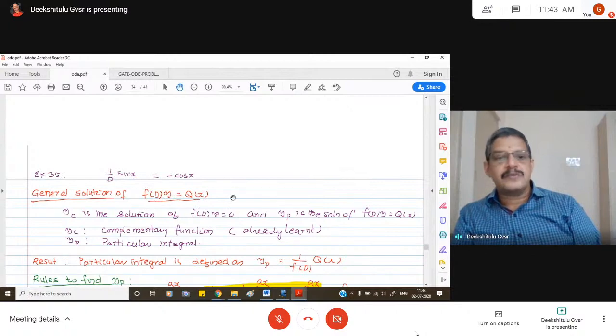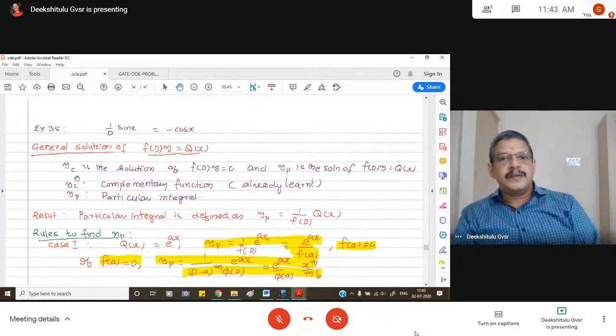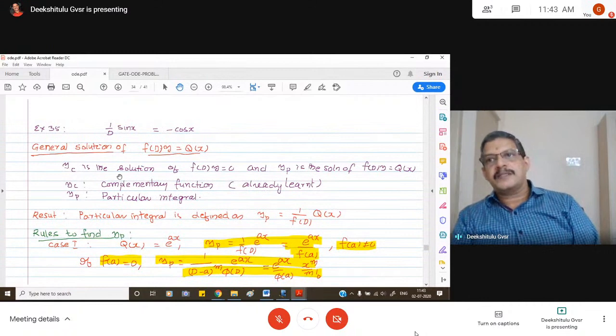How do we define the general solution of f of D y is equal to Q of x now? As we said earlier, in the beginning of the class, the general solution contains two parts, complementary function and particular integral. Yc, the complementary function, is the solution of f of D y is equal to 0, and yp is the solution of the actual equation f of D y is equal to Q of x.